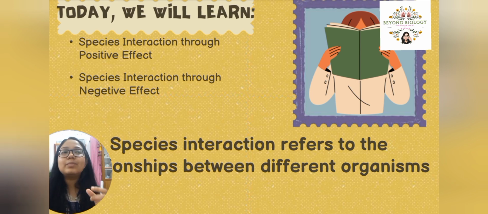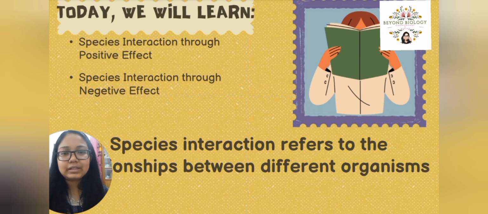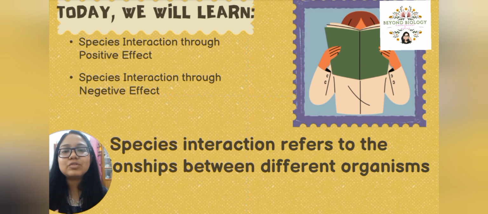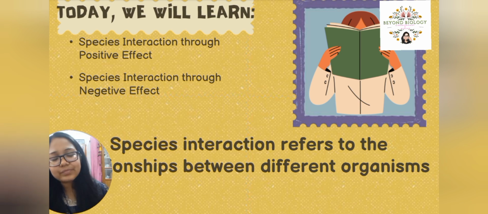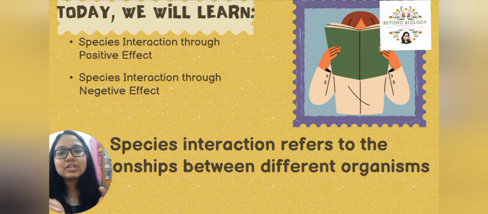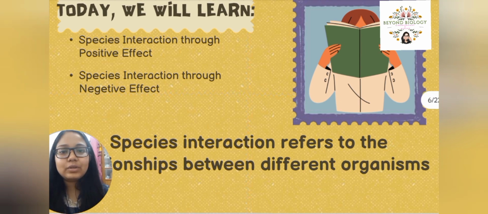So this is a form of interaction in which both of us are benefiting in some way or the other. I'm not benefiting directly, but you are, right? So there is some sort of relation which is positive, and this sort of positive relation is species interaction which is positive. We will understand positive interactions in detail.